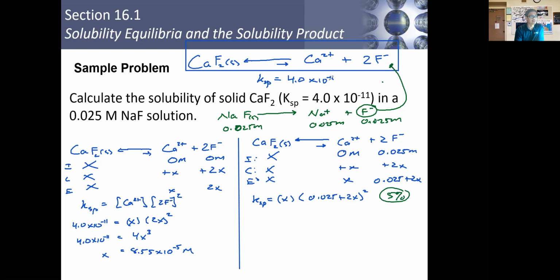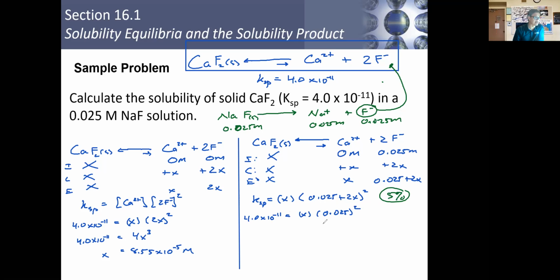The Ksp is 10 to the minus 11, and our concentration here is about 0.025. So let's make that assumption and substitute in what we have here. This is going to be 4.0 times 10 to the minus 11 equal to X times 0.025 squared.